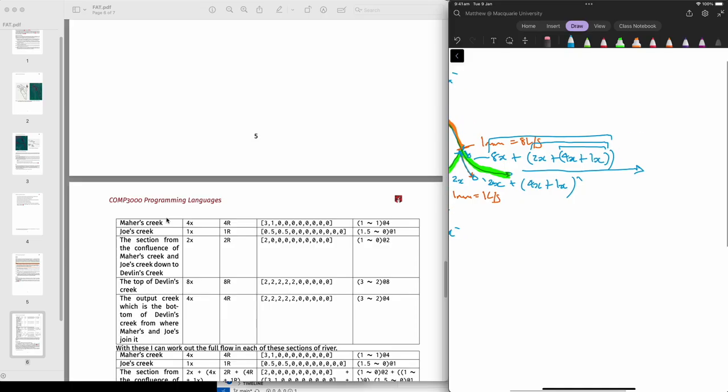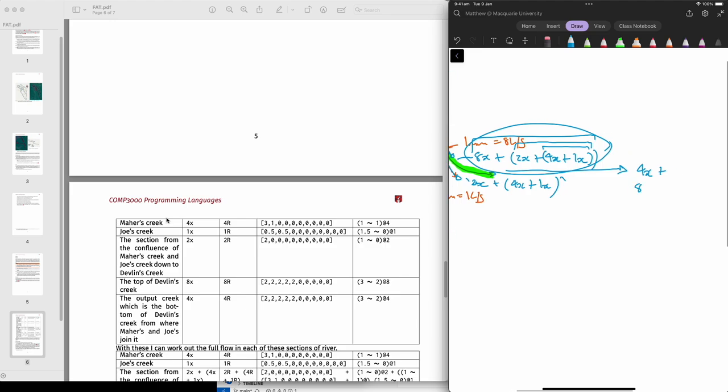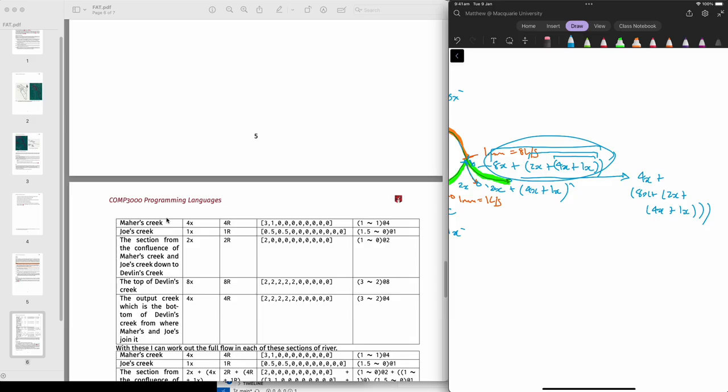So the final answer was the 4x collected in the green part of Devlin's Creek plus all this stuff above, which comes out to 8x plus 2x plus 4x plus 1x. I've done it over multiple lines just to make it fit, but it doesn't have to be like that. And again, I'm putting my parentheses in just to help me understand. So this is a single expression in my language.